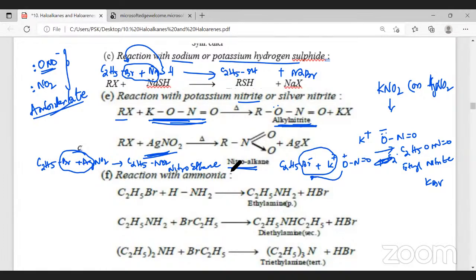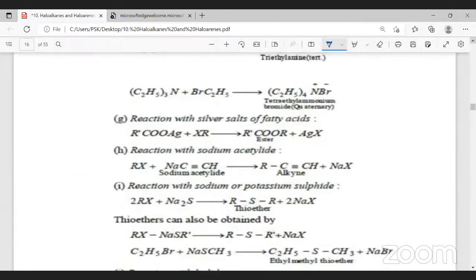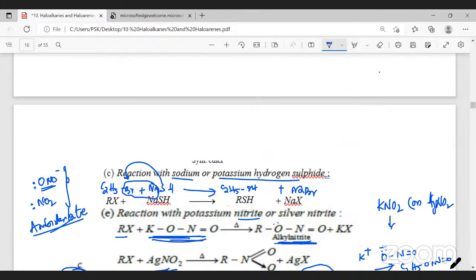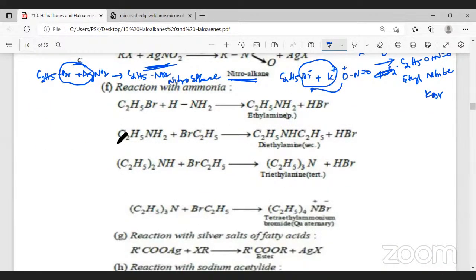Next, we have the reaction with ammonia. This reaction with ammonia is called ammonolysis. We will learn ammonolysis now in detail. Now, the statement goes like this.